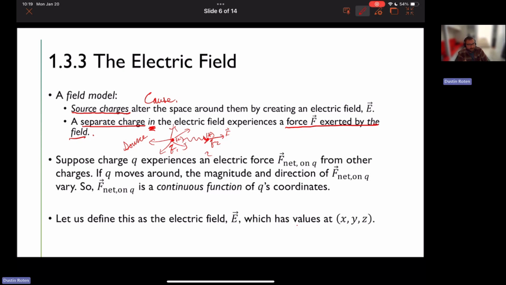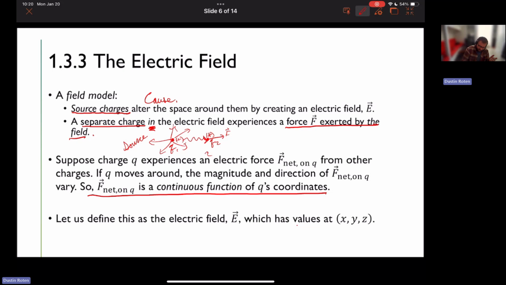Okay, so suppose charge Q experiences an electric force from other charges. If Q moves around, the magnitude and direction of the net force, so all the separate forces, will vary. Essentially the F net on Q is a continuous function of all of Q's coordinates.